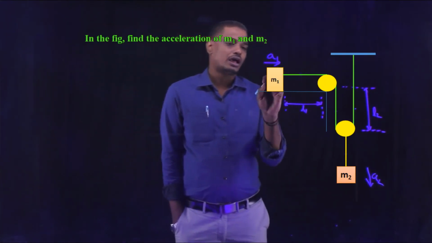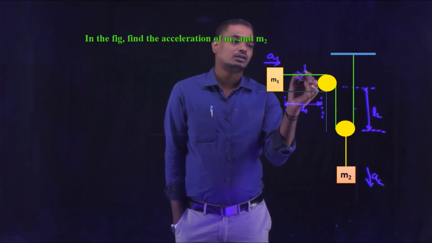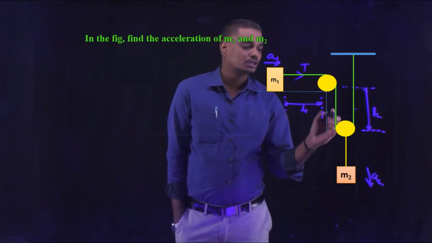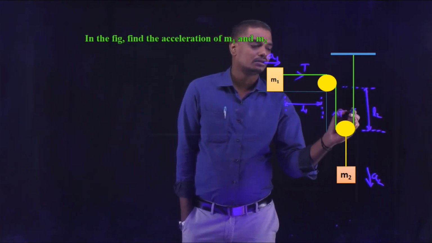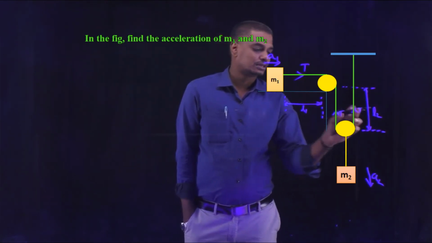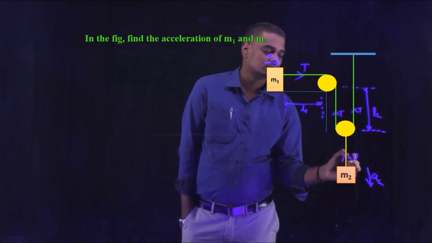As this block is moving in this direction, there is a tension in the string. Let T be the tension in the string. As it is connected over a pulley, the tension in the string here is also T, and here also T. As the tension in the string is T over this pulley, the net resultant tension is 2T.